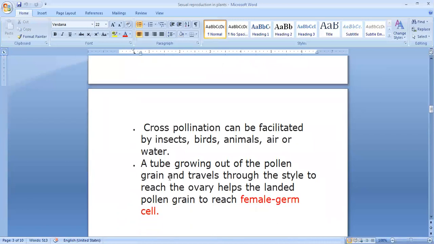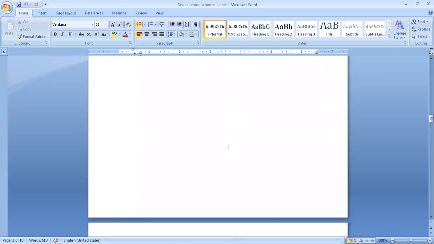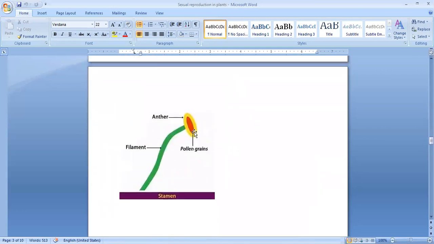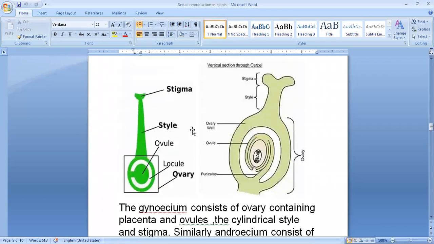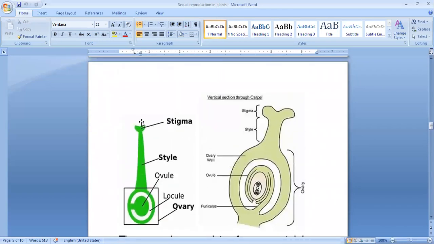Pollination takes place with the help of agents, and these are called as pollinating agents. Insect, birds, animals, air or water are the pollinating agent. So from anther, the pollen grains move towards the stigma, and it has to come towards over here. So this is the stigma. Pollen grain will come here.